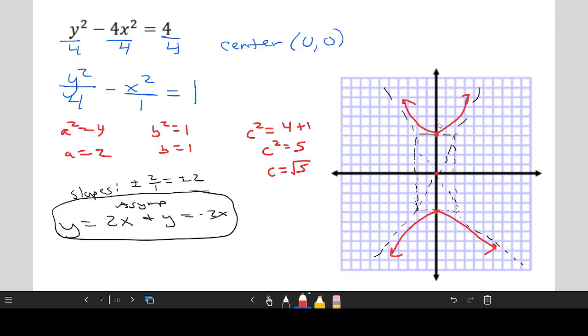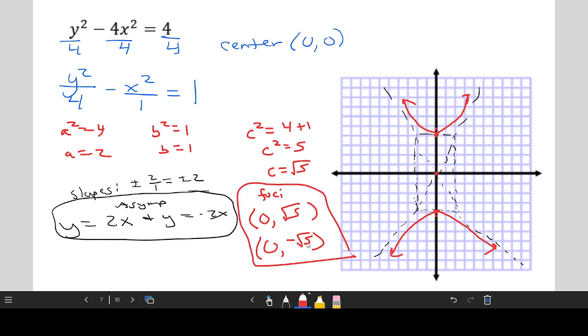So here's 2, that would be 2.5. So it's pretty close to the vertex. Both of those points have an x-coordinate of 0 because we didn't go left or right from the origin. We just went up and down square root of 5 units. So those would be our foci.